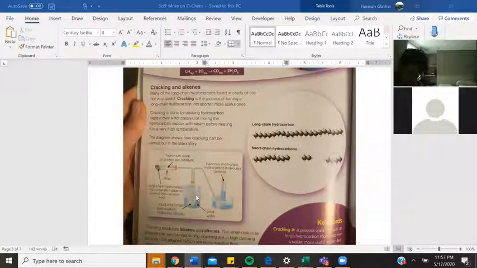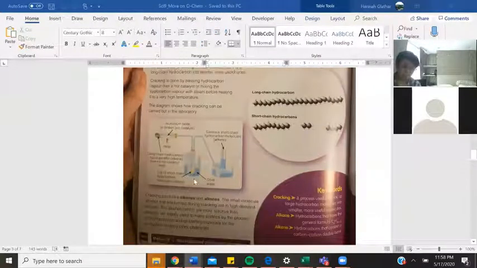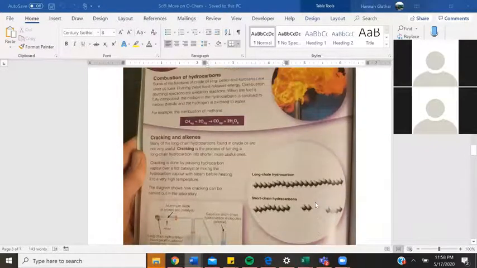But some will still stay a gas, so they will come up this tube and over here. Those are the alkenes that are short chain. So they can split it this way just by heating it up with a catalyst. And that's called cracking.